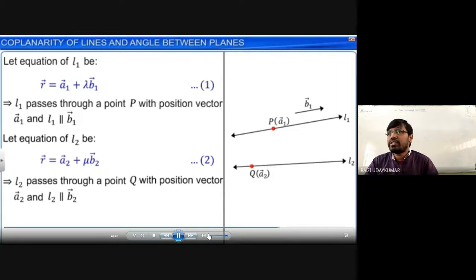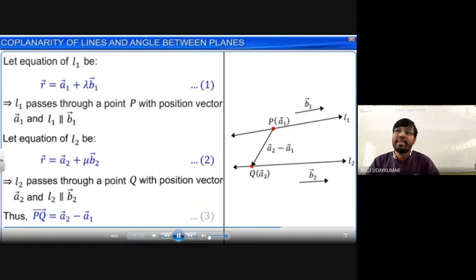So L1 passes through the point P with position vector A1 and L1 is parallel to B1. Like that, L2 also will be taken. Two lines are taken into consideration, and P and Q are the points. So now PQ is equal to A2 minus A1. And we need to prove that these two lines belong to the same plane.